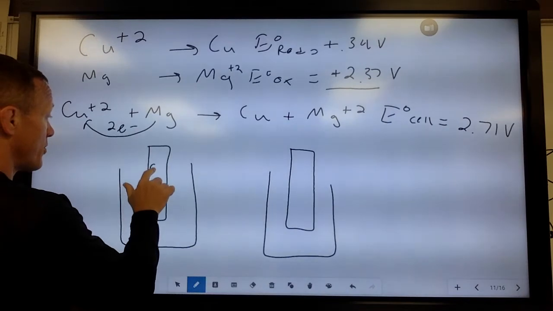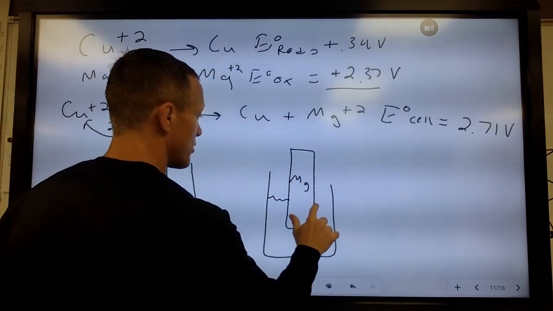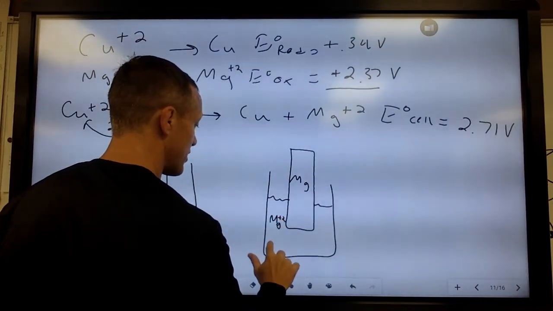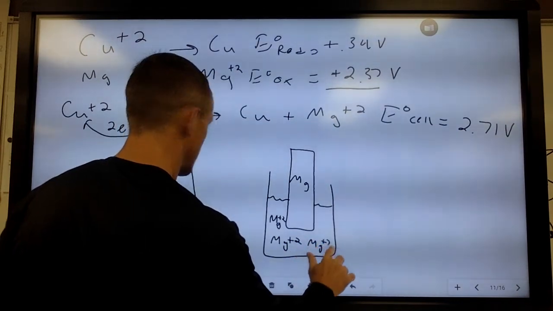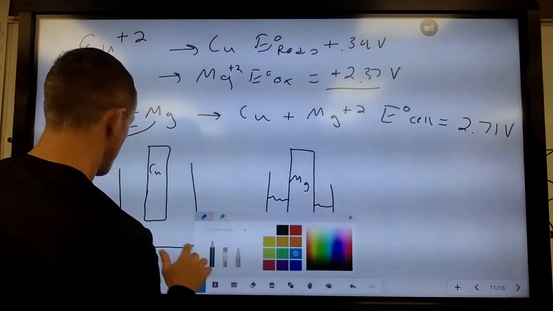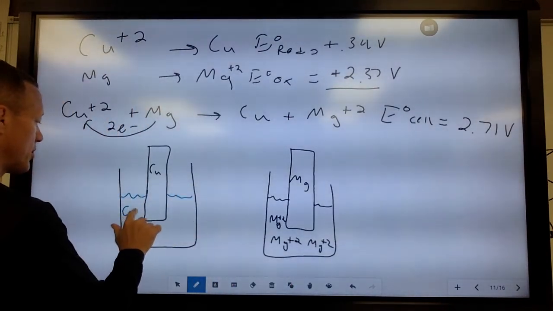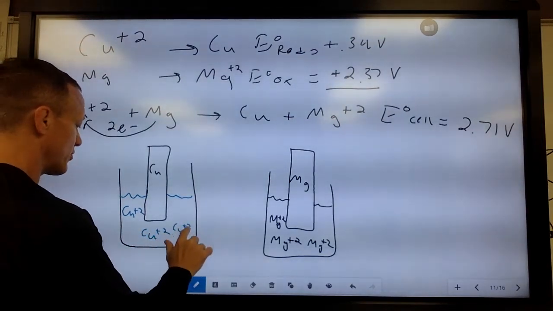So I'm gonna put my piece of copper there, piece of magnesium here. That means my solution of magnesium nitrate is here. So there's some magnesium ions floating around in solution over here. Over here then, make a blue since copper blue. Over here we have copper plus 2 ions floating around in solution.